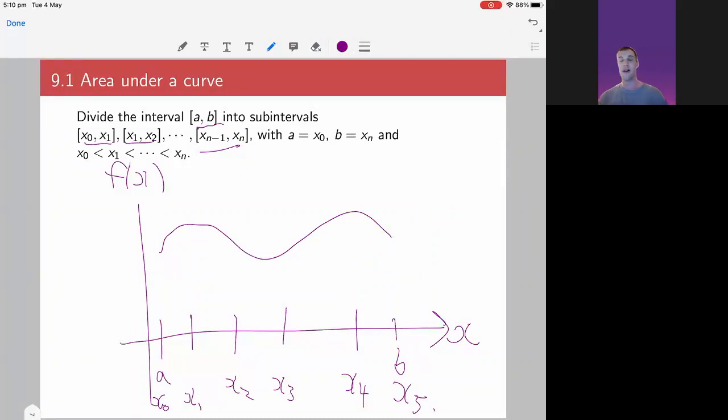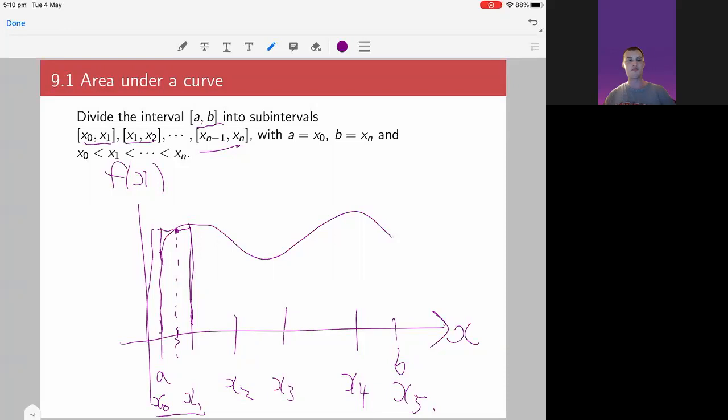The idea behind finding the area under the curve is to break this up into approximate rectangles, because I know how to find the area of a rectangle. If I just look at this interval here, and I pick some midpoint in here, I work out what the function is at that point, and I look at this rectangle here, which is given by the length of this subinterval times the height, which I'm saying is the value of the function at whatever midpoint I chose in there.